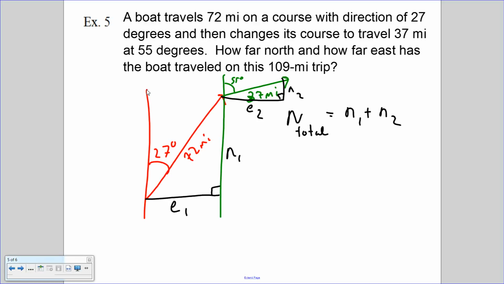Now, one other thing that could help you with this is I would say those two angles are congruent, so I would just use 27 degrees, and then you have cosine to find north sub 1 and sine to find east sub 1. And similarly, I would say these are congruent angles, and therefore that angle is 55 degrees.